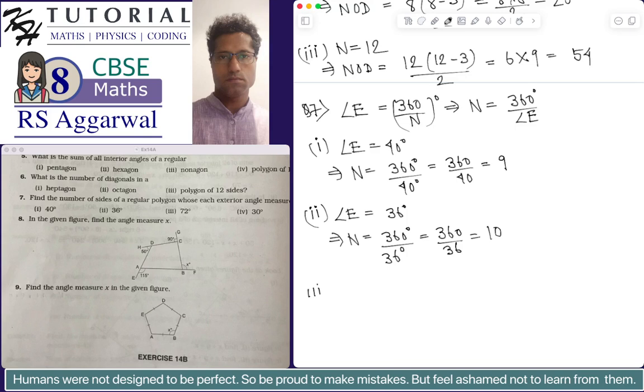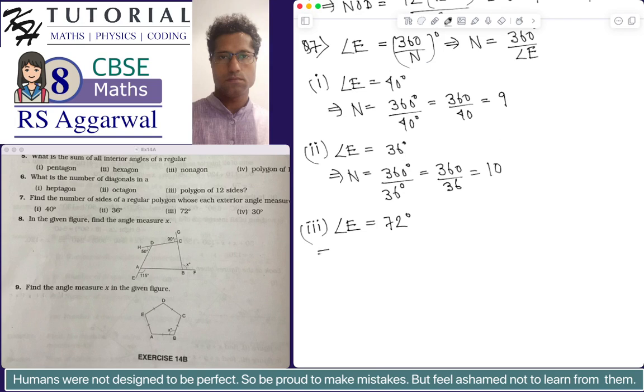Next one, each exterior angle is given to be 72 degrees. So we can say that n will be equal to 360 degrees divided by 72 degrees, which is equal to 360 divided by 72, which is equal to 5.